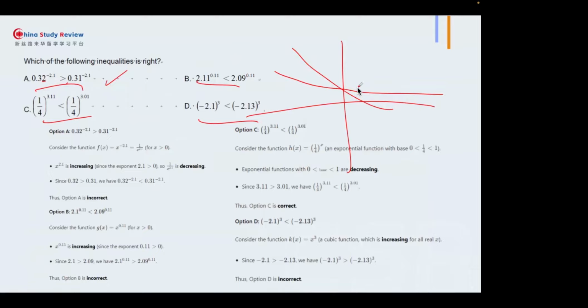So this one should be... right. And in this case, if you have something that was negative, which means this one should be smaller. So this is incorrect, right? So what you should do is try to draw the graph of each of these, right? And try to compare them, okay?